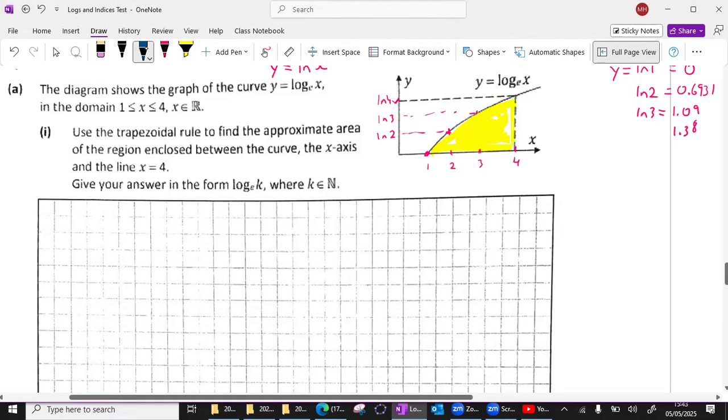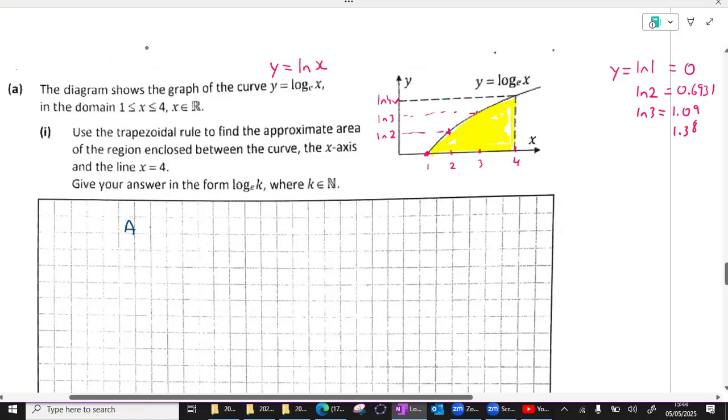So first of all, sorry, I'm just going to get the formula here. While I write down my formula, normally we write it as gap over 2, so h over 2.